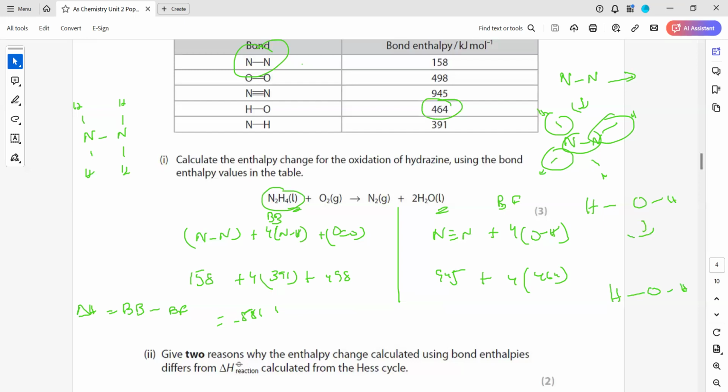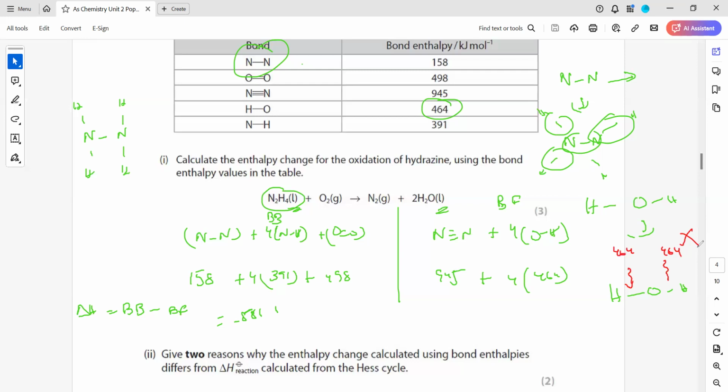And another thing, these values are average energies. Because in reality, in practice, according to the values, the O-H bond energy is given as 464. So it shows that 464 is needed for this bond and 464 is needed for the other bond.